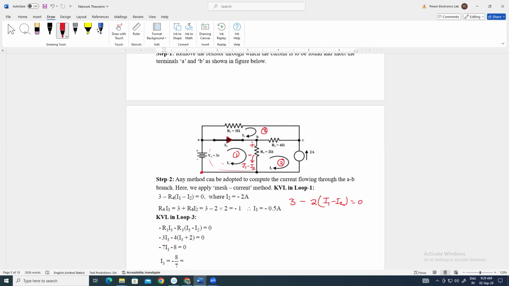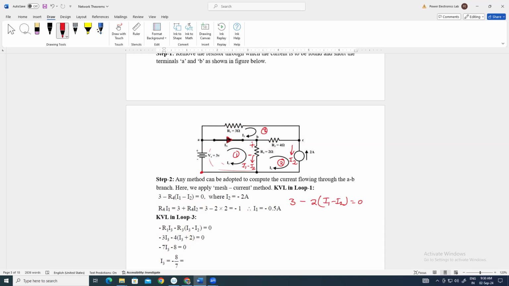And you know that I2 is nothing but minus 2 ampere, because the direction of I2 is this way, and the direction of the current source is 2 ampere. The same current will flow in this branch, and that is equal to I2.